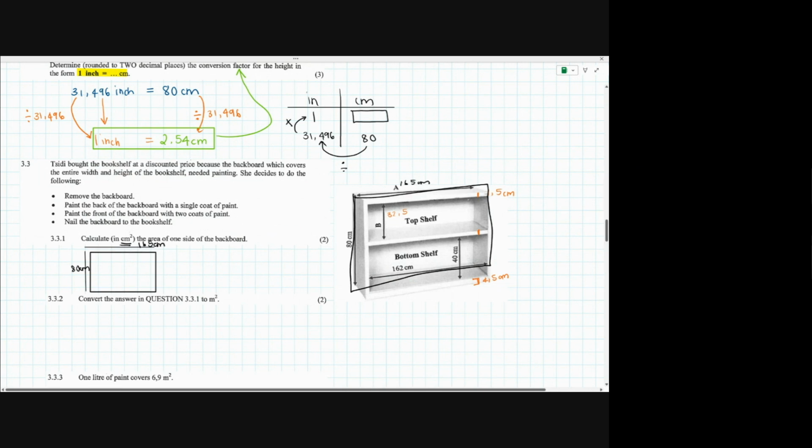All right, now, again, just remember, it would be the outside length and the outside height because you want it to cover the entirety of your bookshelf. You can't just ignore the pieces of wood because that's where you would need to nail the backboard into. So we would need to actually have the whole outside area of our bookshelf so that we can actually nail it onto our bookshelf and close up the back.